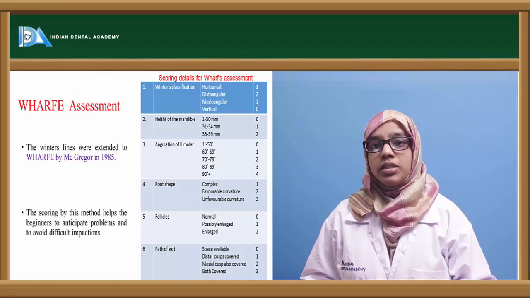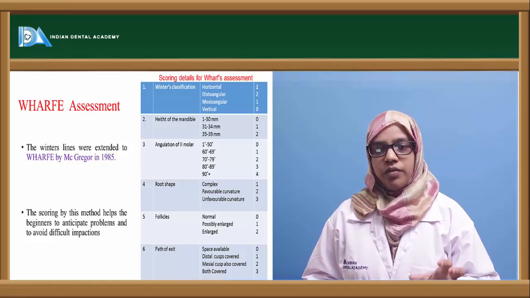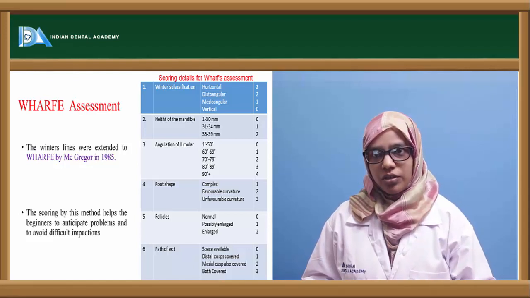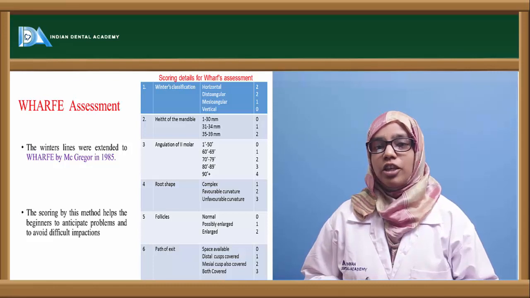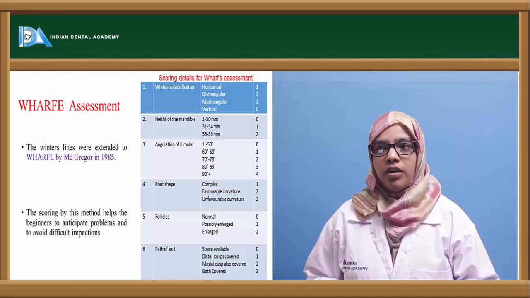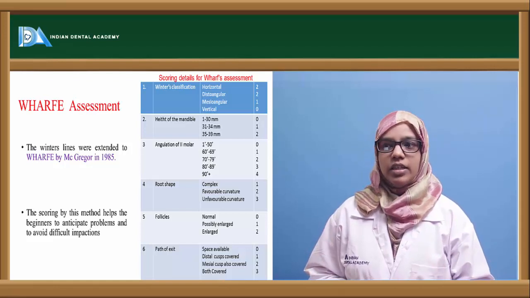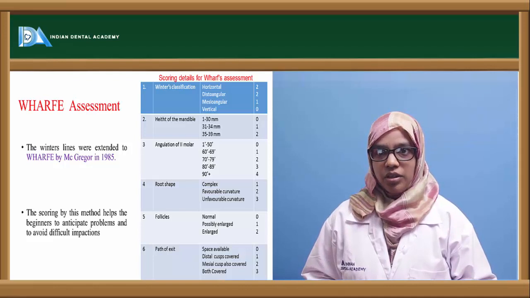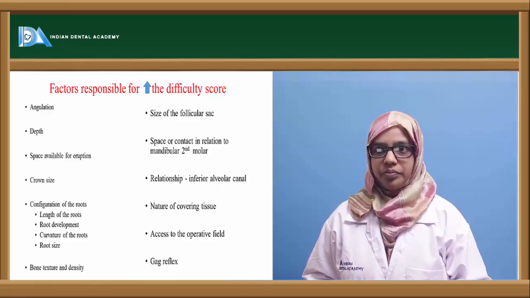Now he has termed this as WHARFE assessment. WHARFE is nothing but wherein W stands for Winters classification, H stands for the height of the mandible, A stands for the angulation of second molar, R stands for the root shape, F stands for the follicular size, and E stands for the exit. The total score comes to around 33. So depending upon this, you add up the score and find the difficulty.